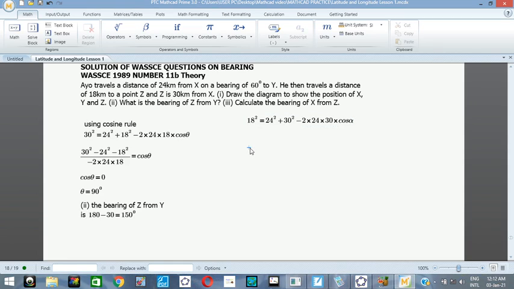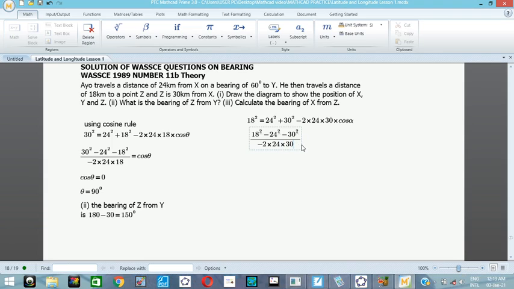So if I do the same thing here, I collect like terms, 24 and 30, and take them to the other side, which is 18 square minus 24 square, minus 30 square. Then I divide the result by this minus 2 times 24 times 30.